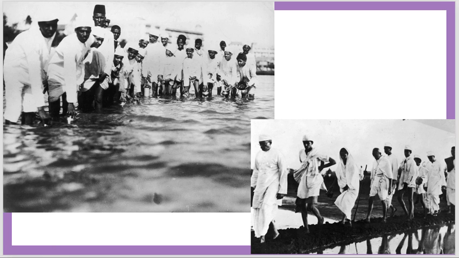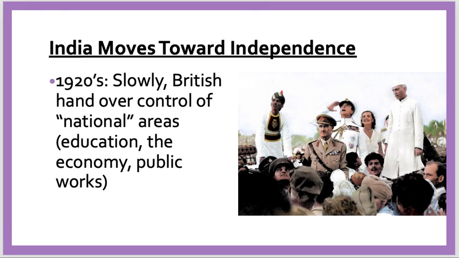So here he is on the Salt March, walking to the ocean to make their own salt. In the 1920s, slowly, the British will start to hand over some national areas, things like education, the economy, public works. They will admit more Indians into the civil service and officer corps.